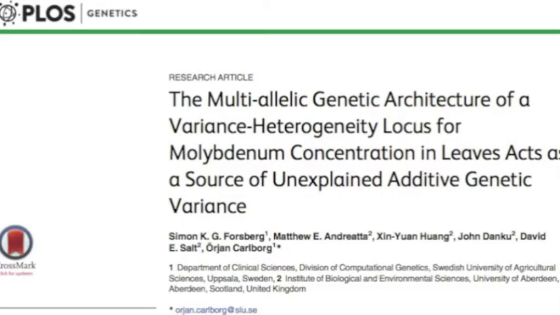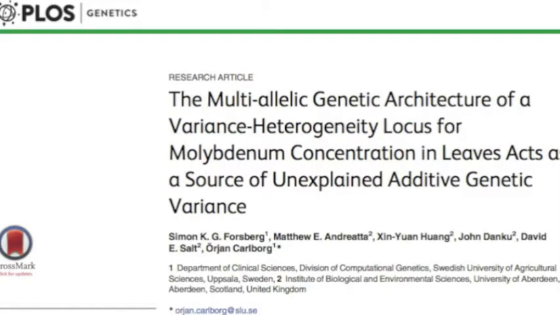But you could have a situation where that SNP is linked to a region of the genome which actually contains multiple alleles, and some of those alleles may make molybdenum high, and some of them may make it low. But when you just take the mean, all that information is lost. So what this variance GWAS does is it tries to probe that idea to identify if there is what's called allelic heterogeneity.